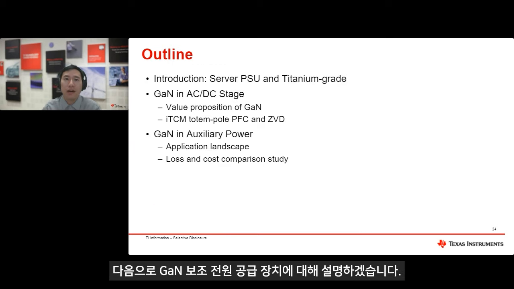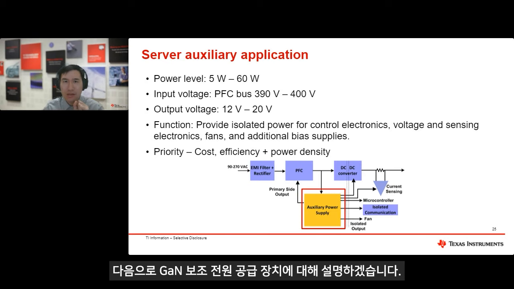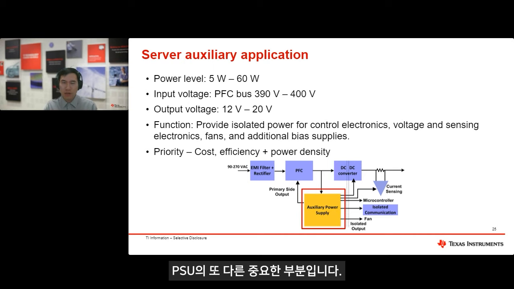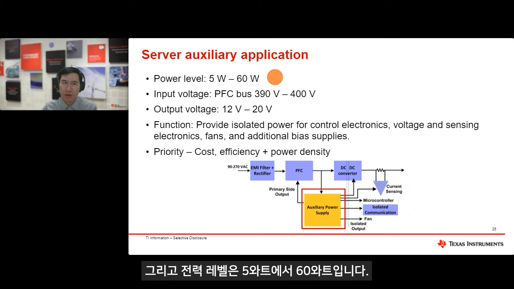Okay, next I will talk about GaN in auxiliary power supply. The auxiliary power supply is another important part in the PSU. It normally gets the power from the DC link, this 400 volt, and produces the auxiliary power from 12 volt to 20 volt, and the power level is from 5 watt to 60 watt.